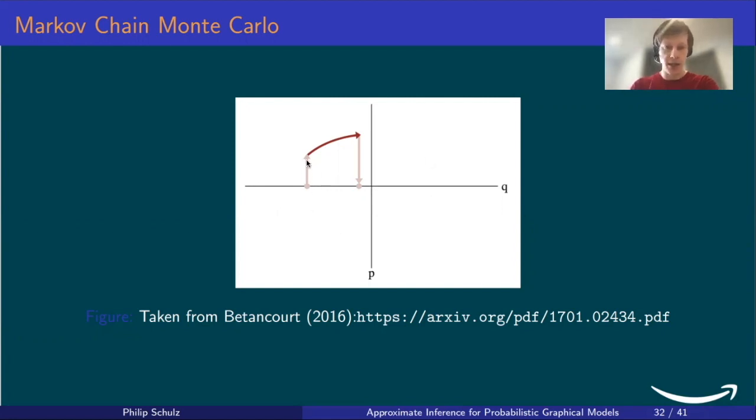So we're lifting Z into UZ space, and then using Hamiltonian dynamics, we travel in joint UZ space for a given period of time. And then we project that joint UZ sample that we get down to Z space.